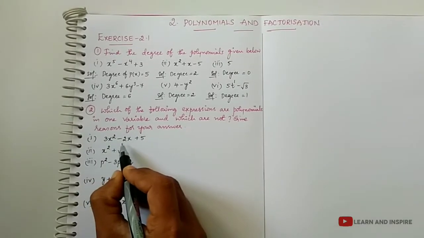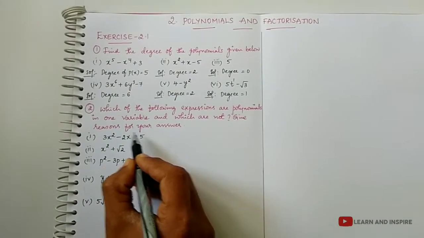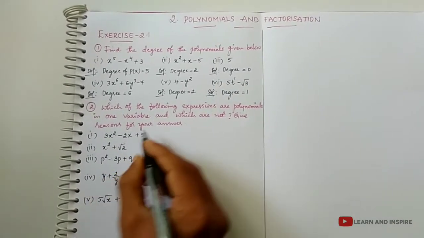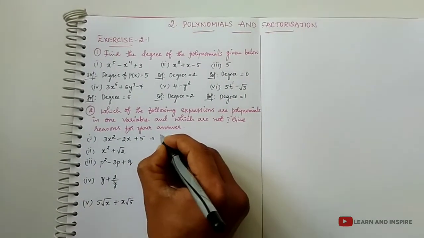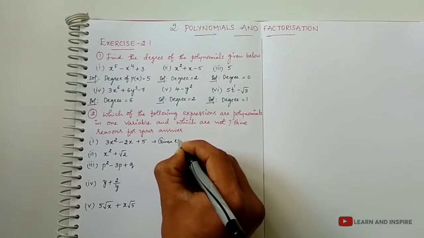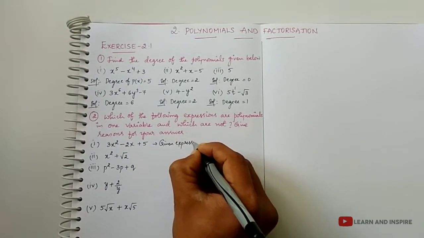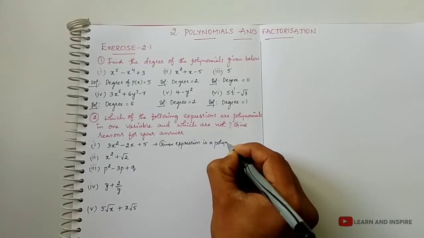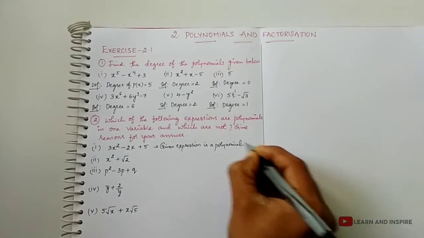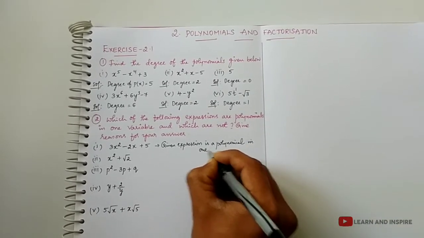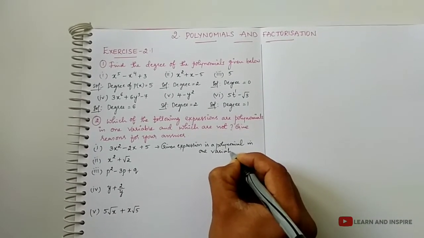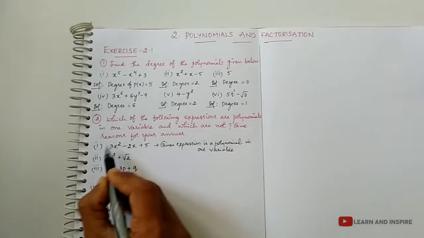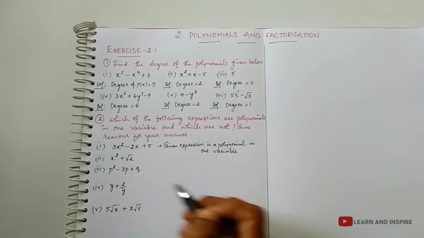First one is 3x square minus 2x plus 5. This polynomial has only one variable, that is x. So we can write: the given expression is a polynomial in one variable, because in this polynomial we have only one variable, that is x.